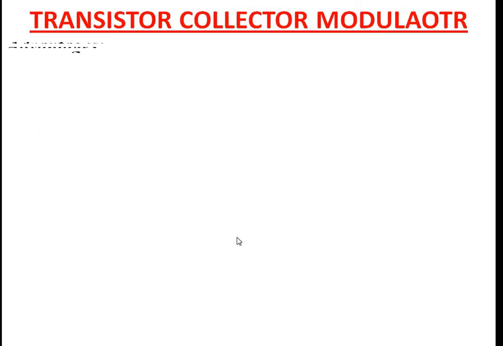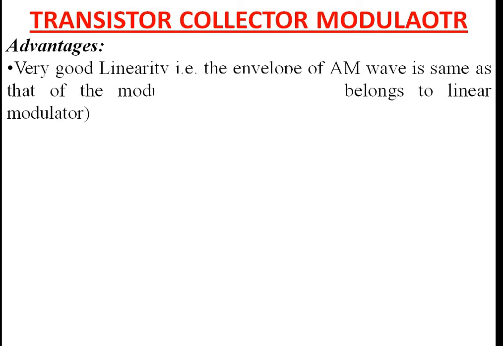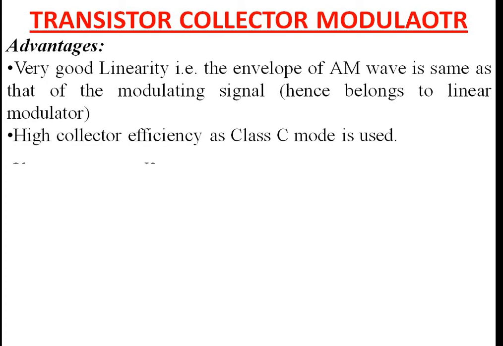Now, the advantages of this collector modulator. It has very good linearity, that is, the envelope of the AM wave is the same as that of the modulating signal. Thus, it is also called a linear modulator. It also has high collector efficiency as a class C power amplifier is used.